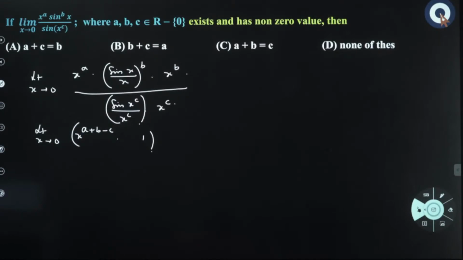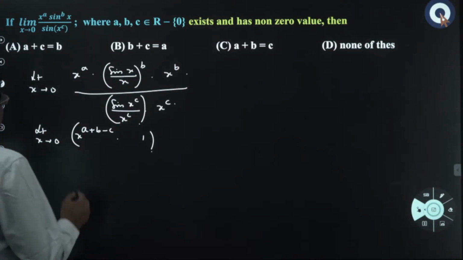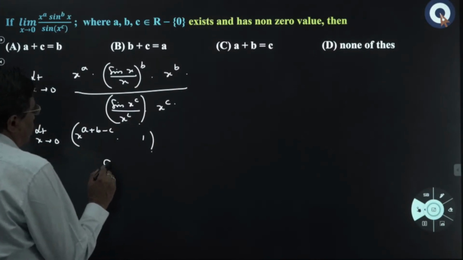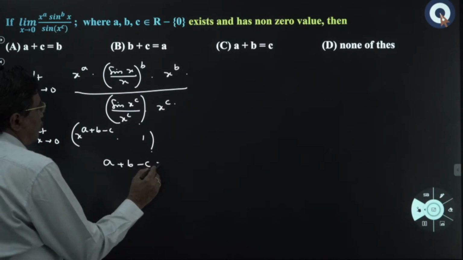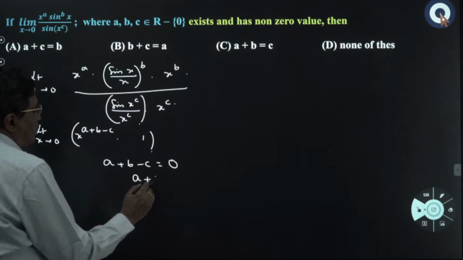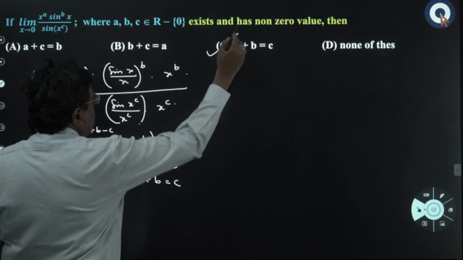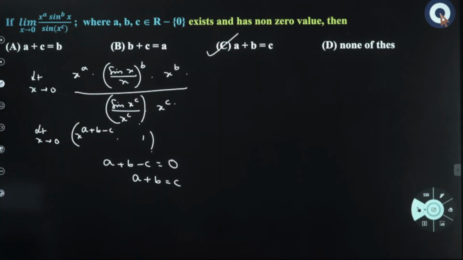So therefore a + b = c is the only thing. Then in that case, the limit becomes non-zero. So a + b − c should be equal to 0, so we should have a + b = c. So that's the thing basically.